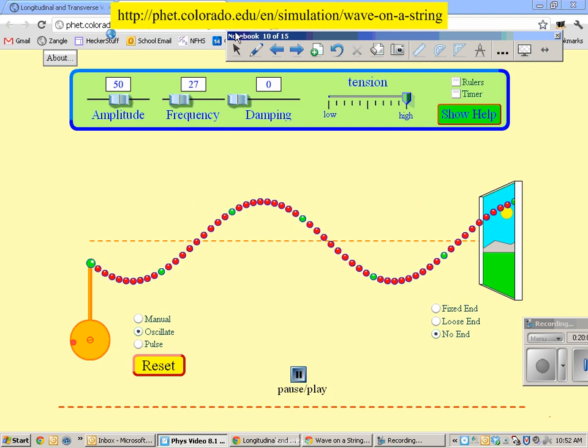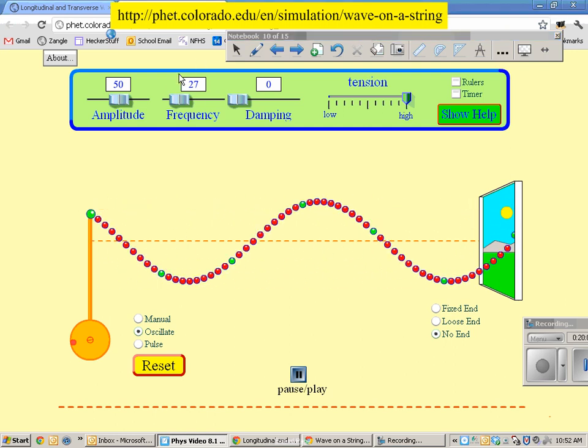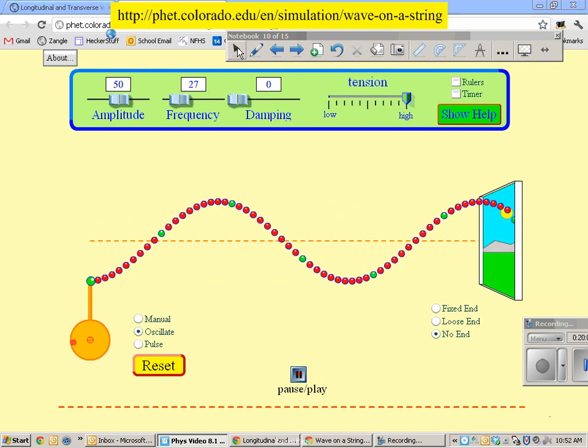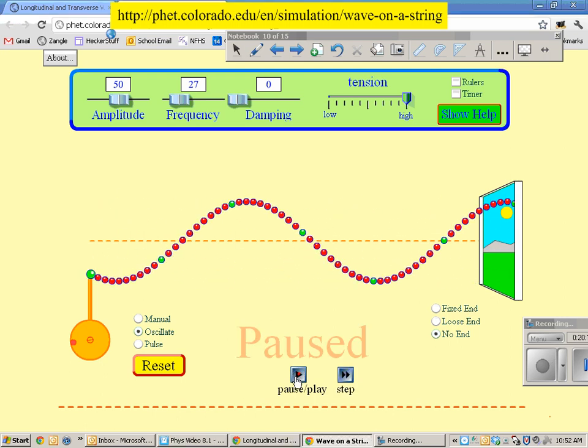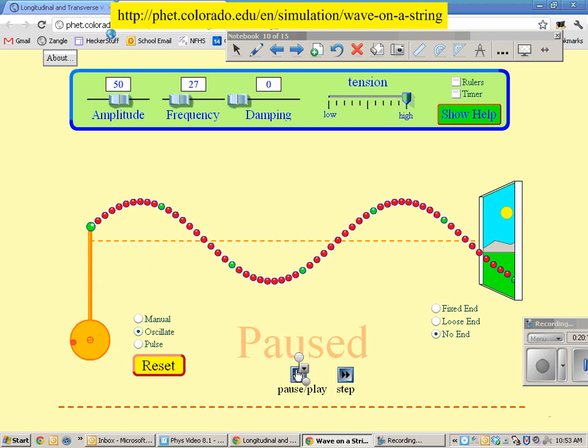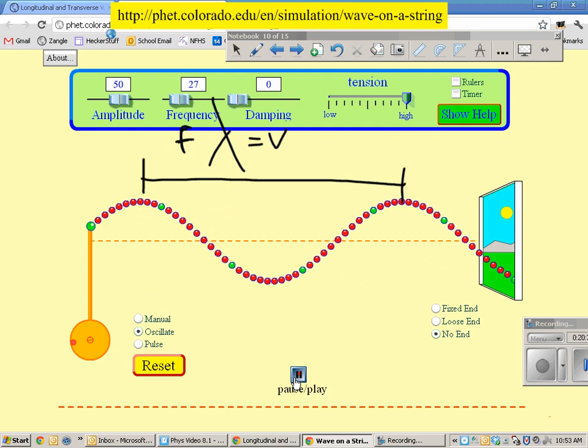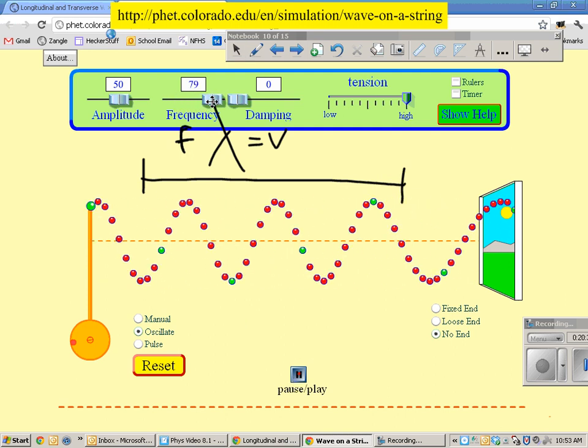Look, here we've got a pretty small frequency, and right now we've got a small frequency and a big wavelength. Now I'm going to unpause it and increase the frequency, and then pause it again.